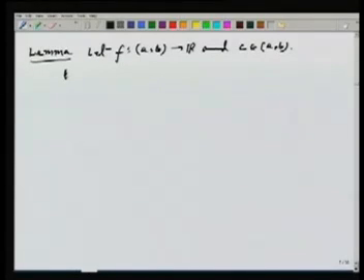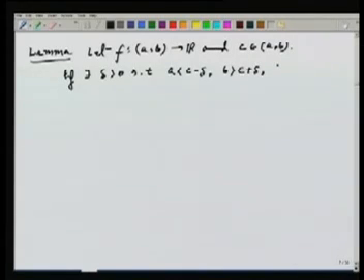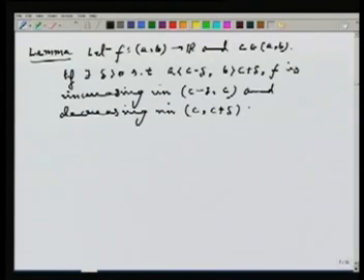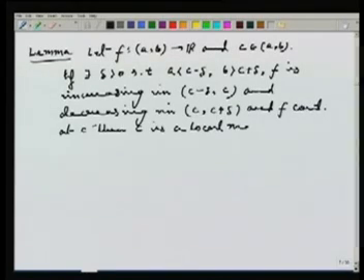Now suppose there exists delta bigger than 0 such that a is less than c minus delta, b is bigger than c plus delta, f is increasing in (c minus delta, c) and decreasing in (c, c plus delta), and f is continuous at c. Then c is a local maximum for f.